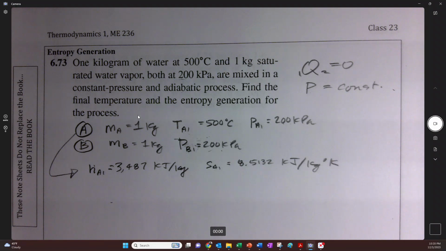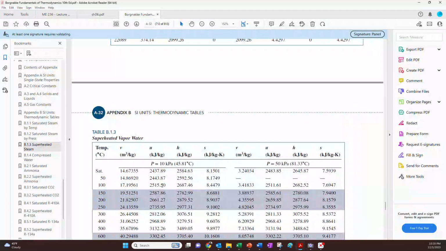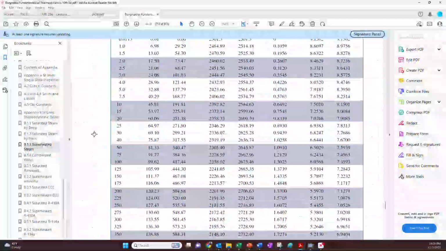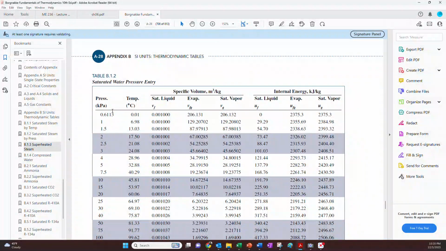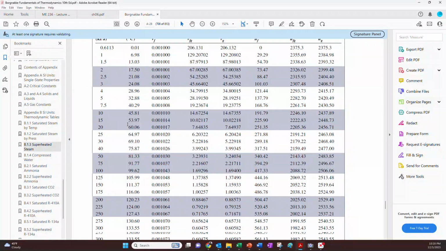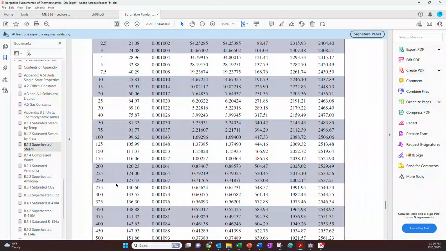All right, so B, if you'll recall, is going to be at this pressure, but it's going to be a saturated water vapor. So let's come back up to this one right here, and we need the pressure, 200 kilopascals.